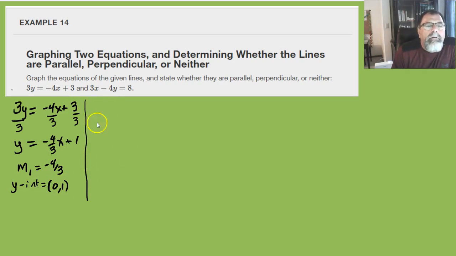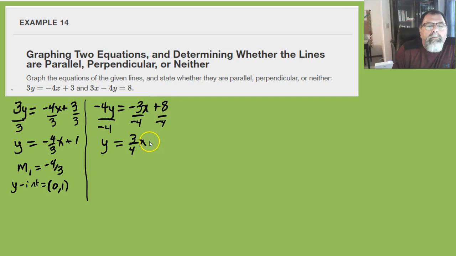Now for line 2, I'm going to do the same thing. I want to get y by itself, so subtract 3x, then divide by -4. So we get y equals 3/4 x, and then 8 divided by -4 is -2. So my M2 is 3/4, and my y-intercept for line 2 is (0, -2).